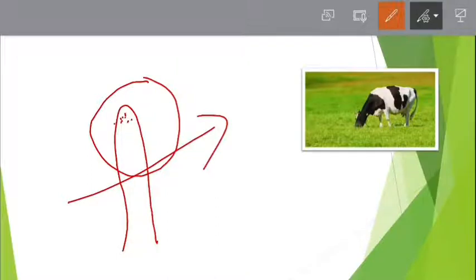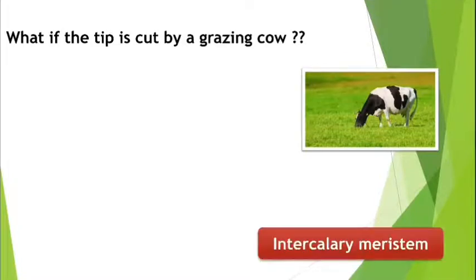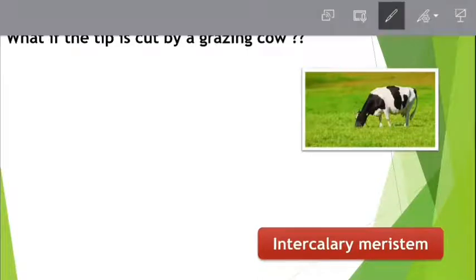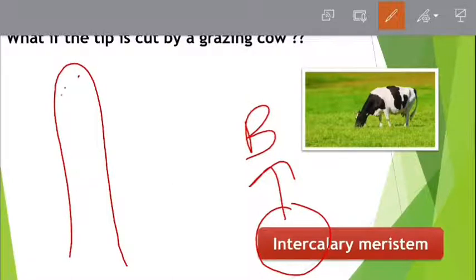How will the other part grow? So here there is another type of meristem called intercalary meristem. Inter means between. The meristem present between the stem at this position is called intercalary meristem.